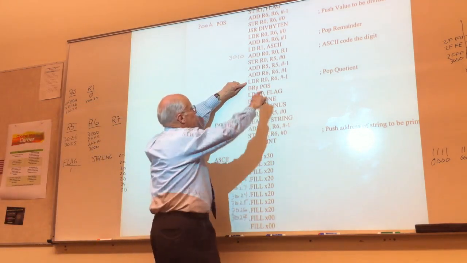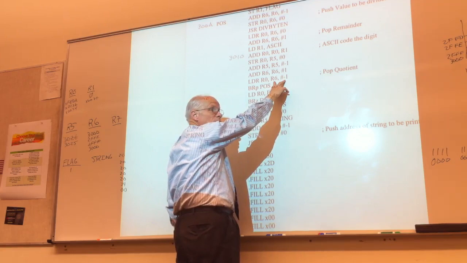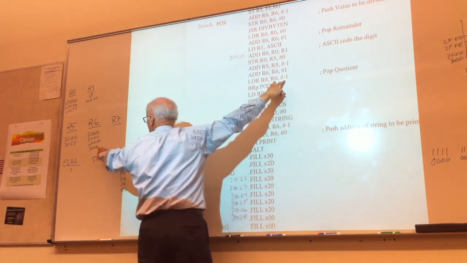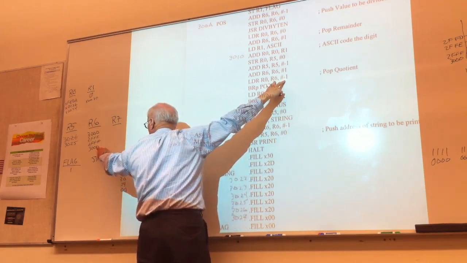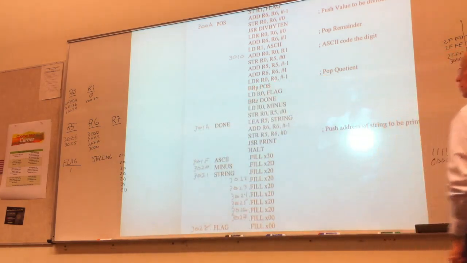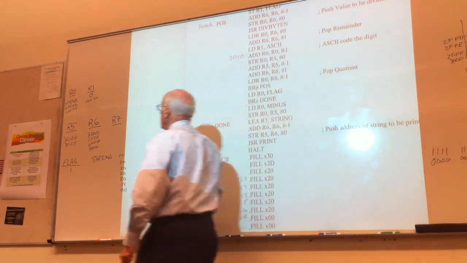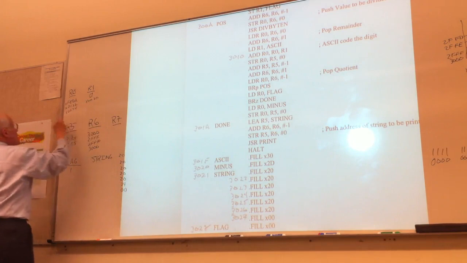But now I load register 0 using register 6 as an address, but I have an offset of -1. So I go to the location below this one, which is this one. Okay, so it loads register 0 with a 1D.